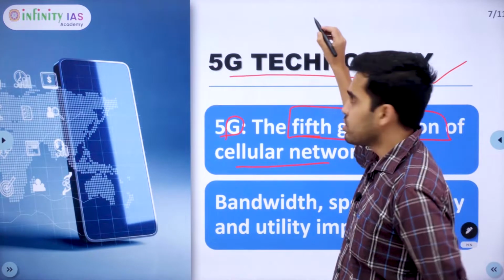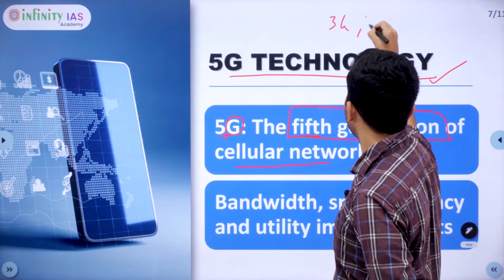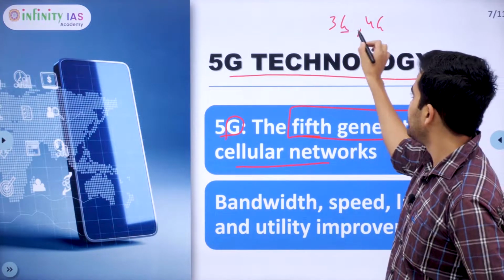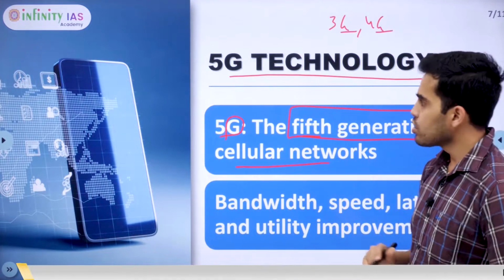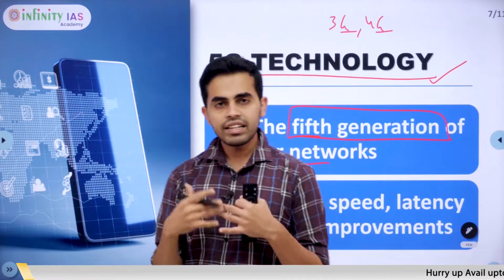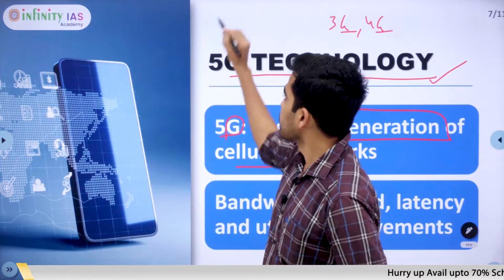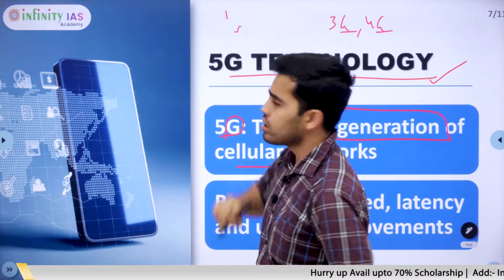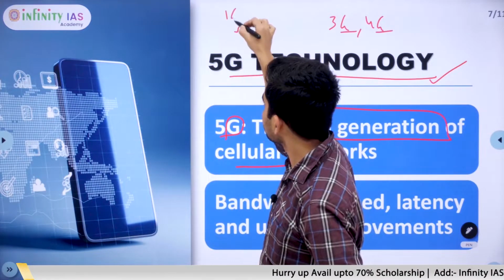We are now using 3G and 4G in our mobile phones. So what is this G generation? Mobile technology has been evolving and there will be certain improvements that will happen. For example, initially we used to have only phone calls and limited internet.